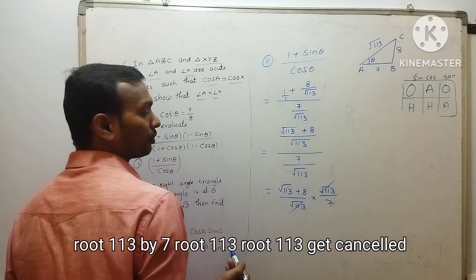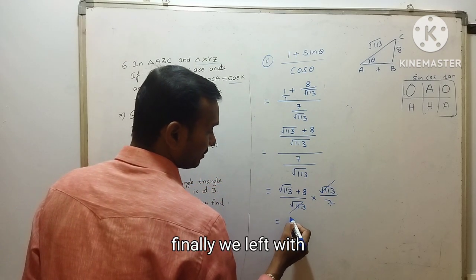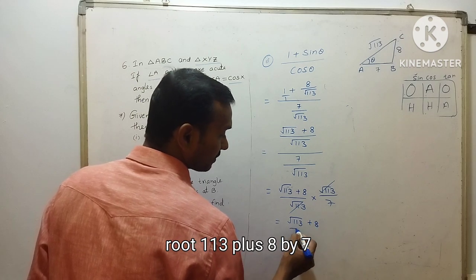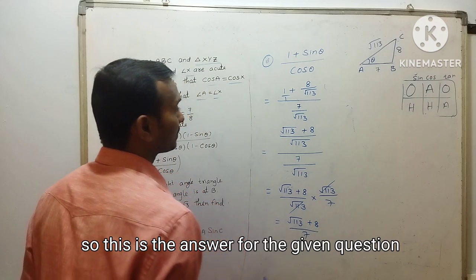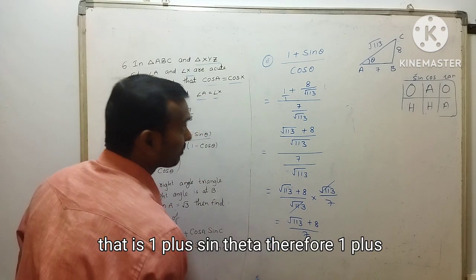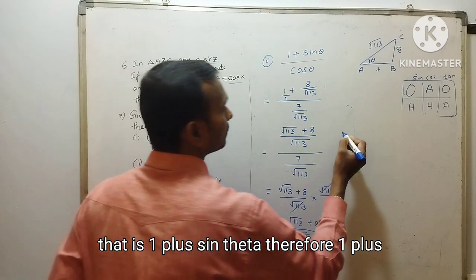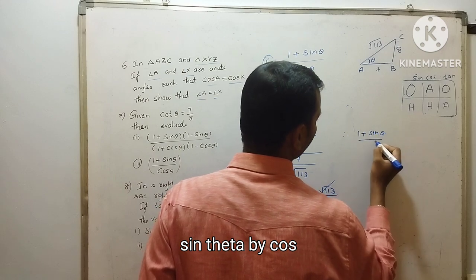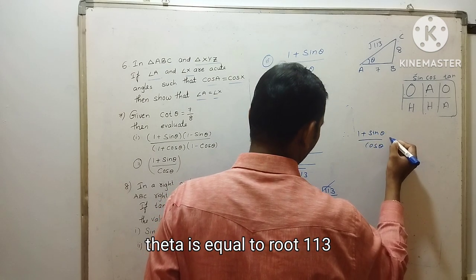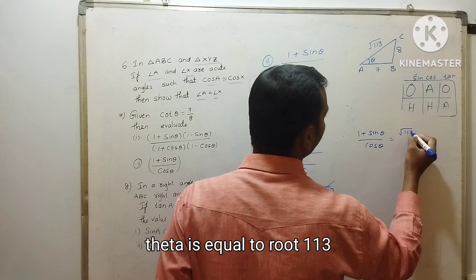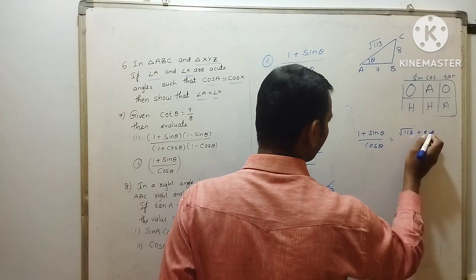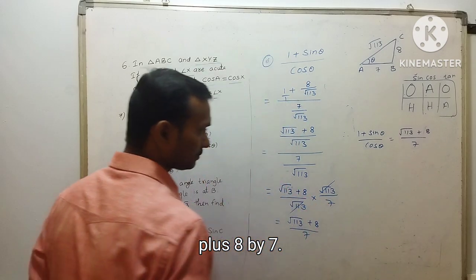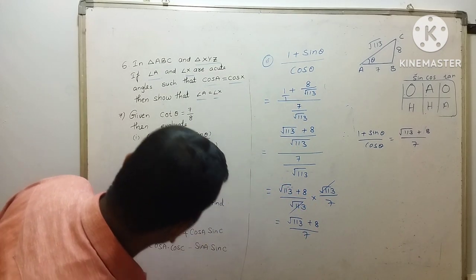Root 113 gets cancelled. Finally we are left with root 113 plus 8 by 7. So this is the answer for the given question. Therefore 1 plus sin theta by cos theta is equal to root 113 plus 8 by 7. Next question.